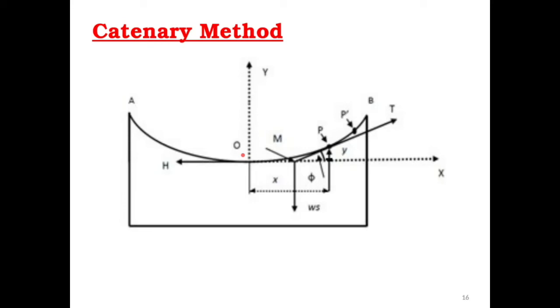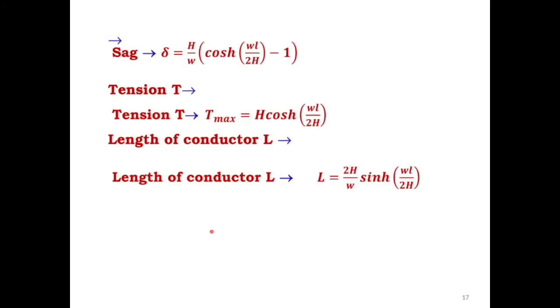But finally, what we find is that the sag can be derived as, let me go and show you the equations. You can find the sag to be delta = H over W times (cosh(WL over 2H) minus 1). Tension T we can calculate, and the tension equation is not shown here.